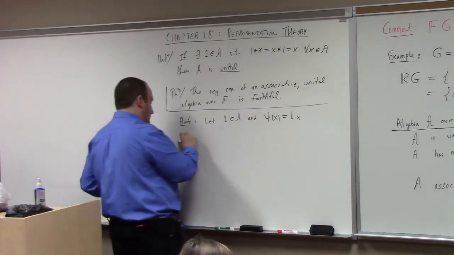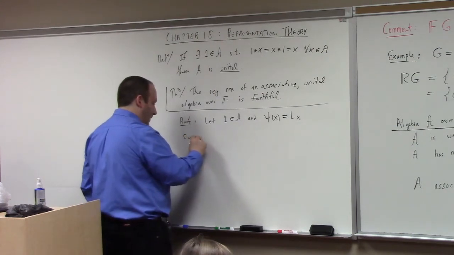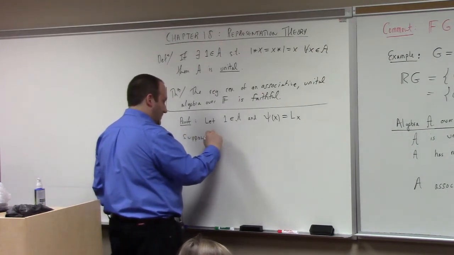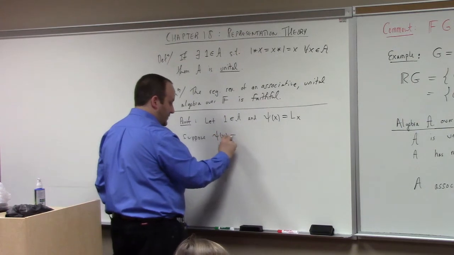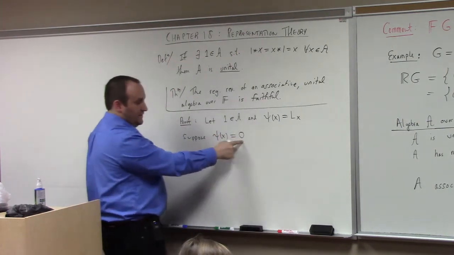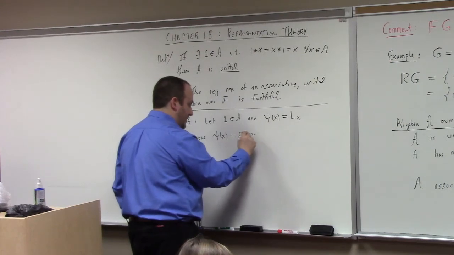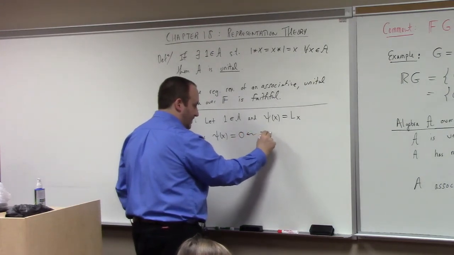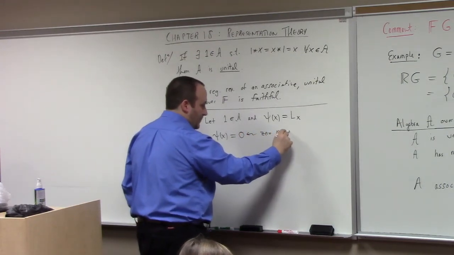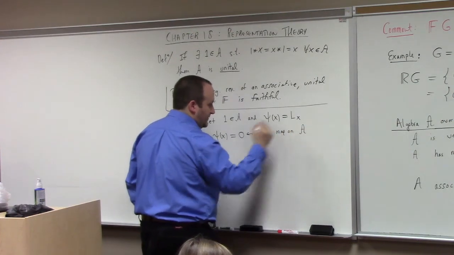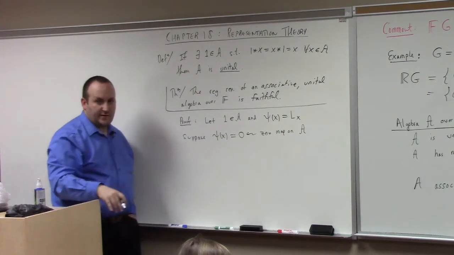So suppose that psi of x was equal to 0. Now this 0 is what? This is the 0 map, right? On your vector space A, which again is also an algebra, right?